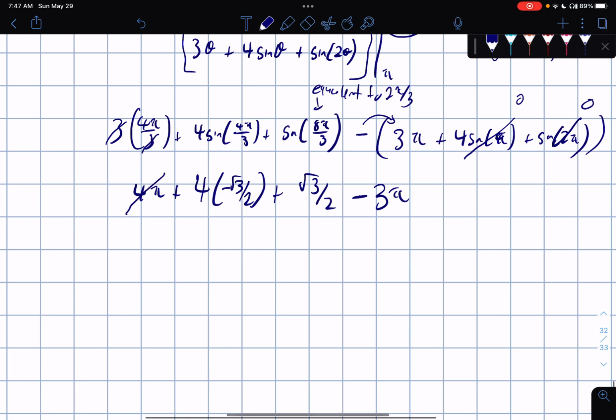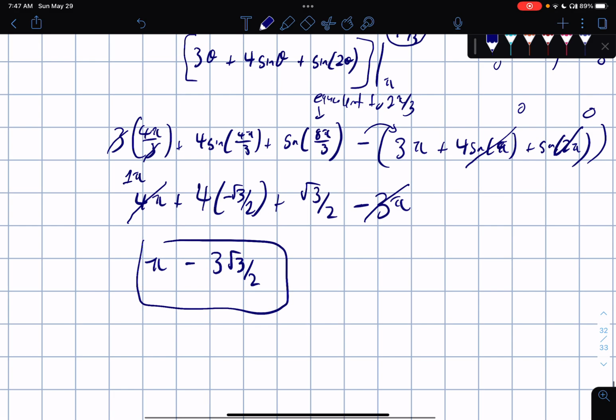So notice that these two will turn into just a pi. These two will cancel, and I'm going to be left with a 2 there. So minus 2 root 3 plus root 3 over 2. Or in reality, I think it's even better if we just left this: negative 4 root 3 over 2 plus root 3 over 2 is just negative 3 root 3 over 2.